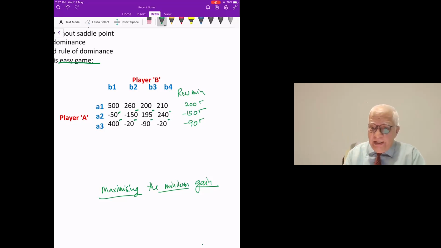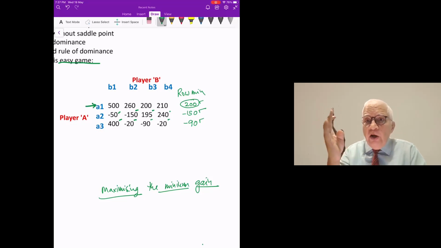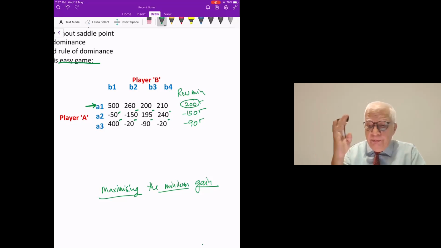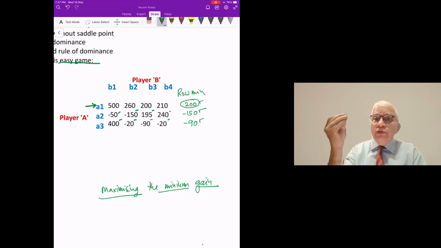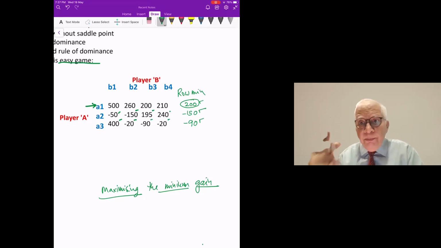That is 200, and it is coming from strategy A1. So player A says that my optimal strategy is A1, because A1 results in a minimum payoff of 200, which is the maximum value of minimum payoff.